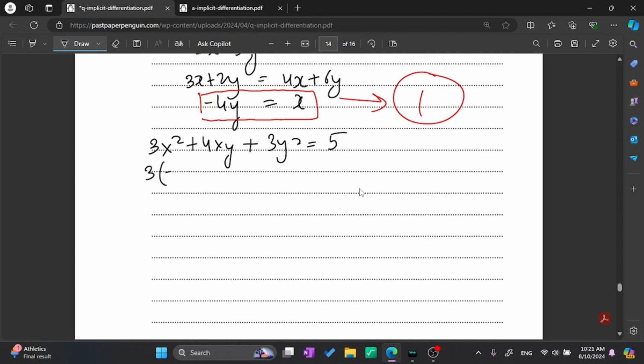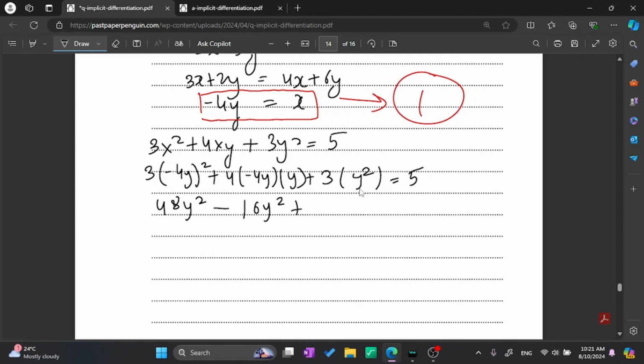So it's like 3 times minus 4y squared plus 4 times minus 4y times y plus 3y squared equals 5. 4 squared is 16, 16 times 3 is 48. So 48y squared minus 16y squared plus 3y squared is 5. If we subtract, we get 35y squared equals 5. We know y squared is 1 by 7.